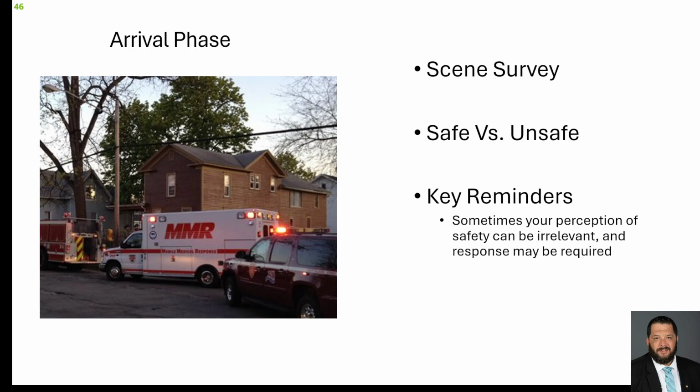And it sounds like a silly thing, but you might be surprised as you start your career in this field how many citizens in the country or in the county or community that you live in don't have access to running water or food or electricity, heat in the wintertime, air conditioning in the summer. So those are all things to be very mindful of, and you're the only person that's going to be able to see this for this patient where they are when this event happens. Okay, so that's your scene survey.